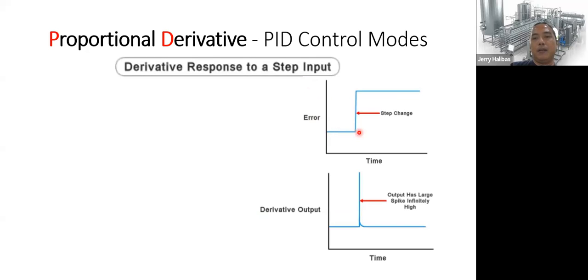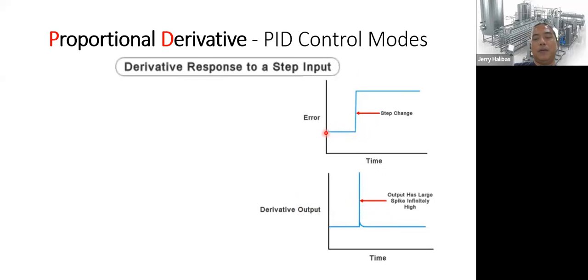If the input to your error is what we call a step input, because of the very instantaneous, abrupt change from minimum value to maximum, the derivative output jumps suddenly. So the output has a large spike, infinitely. That is one of the limitations of a derivative controller: once there is a step change that rises suddenly, the output of the derivative also spikes. Because it anticipates, so when the change rises suddenly, its anticipation rises too. This is called an impulse.